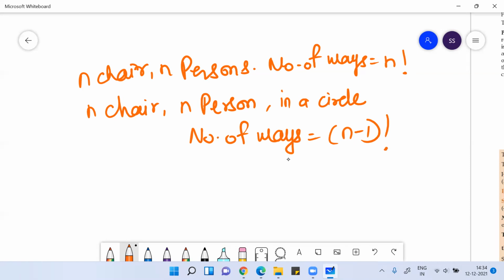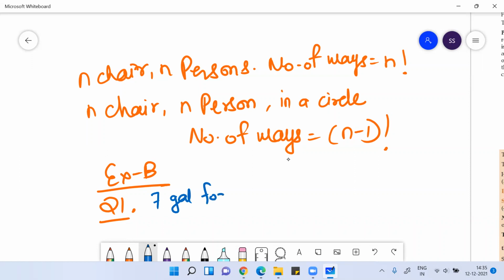You can see this example in exercise B, first question. In how many ways can seven girls form a ring? Ring means circle, no?